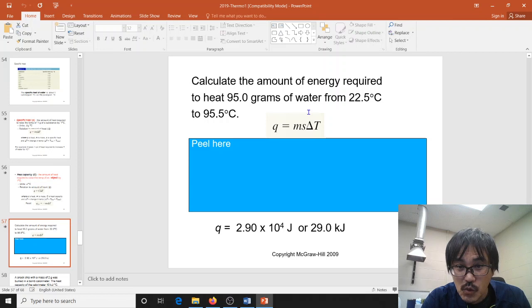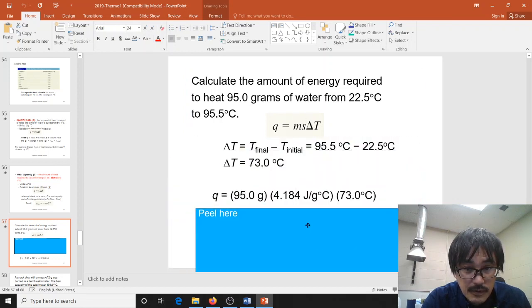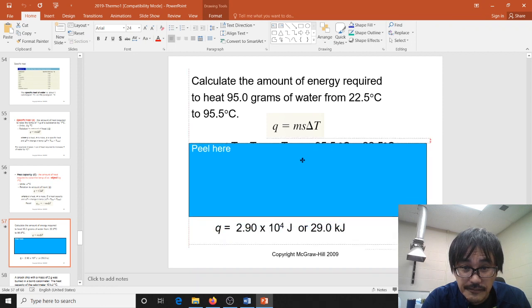And this is water, so the water specific heat is 4.184, and the mass is 95. If you put all of these in there, you get that value right here.